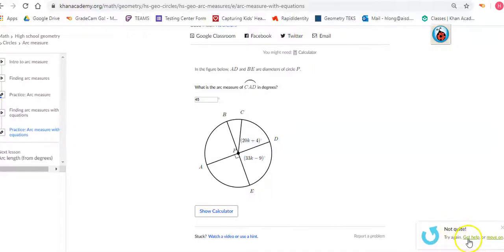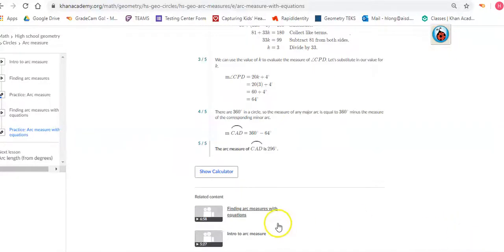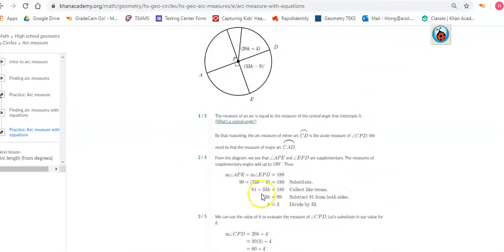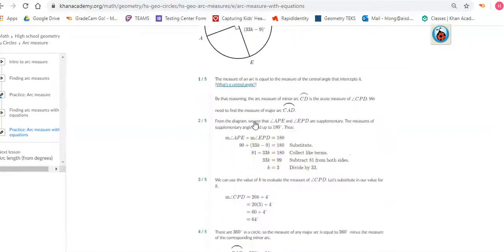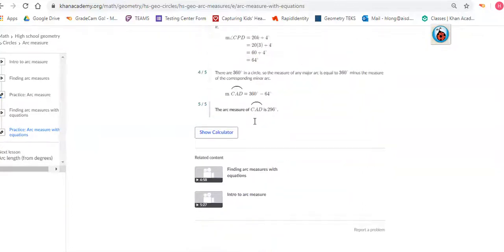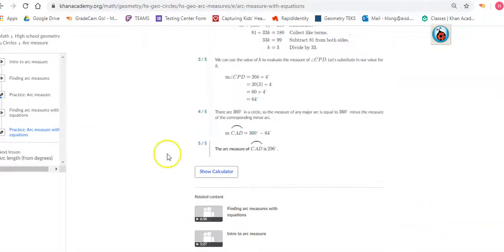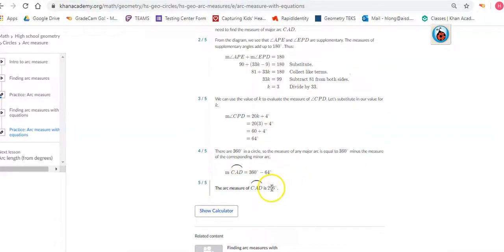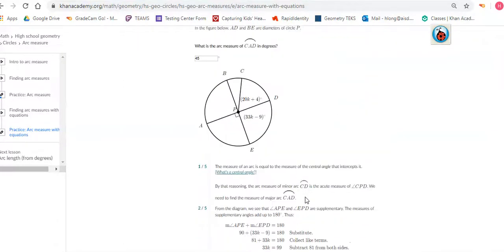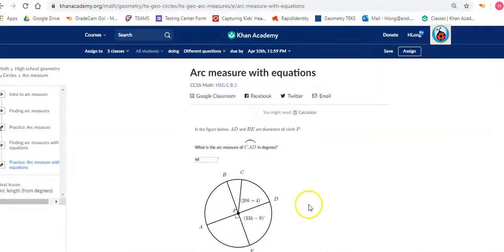It tells me not quite yet, so I can get help, and it can take me step by step through, hey, this is the way we find it. I can watch the videos, and it takes me all the way through and tells me what this is. But remember, if I'm using the hints, it is not going to give me credit for the problem. So these are the built-in helps here.